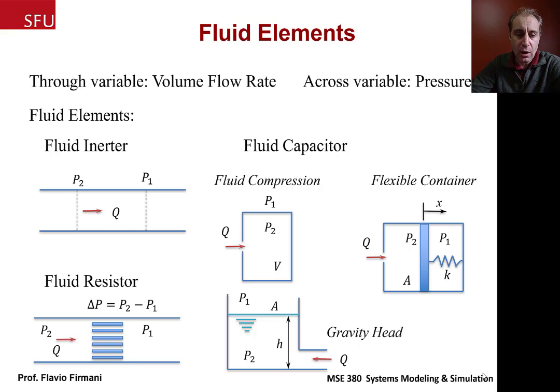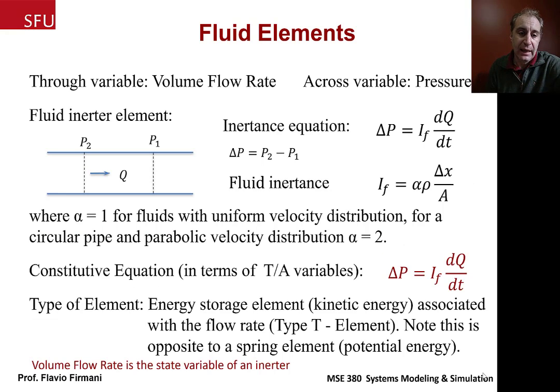So we're going to start with the fluid inerter, and as we said, volume flow rate is our through variable, and pressure is going to be the across variable. Now, what is a fluid inerter? Fluid inerter is what happens in pipes.